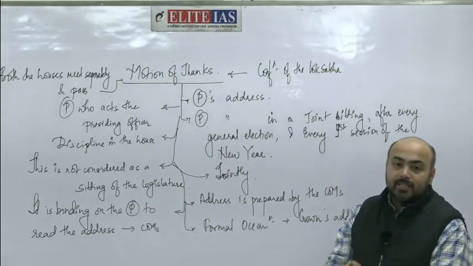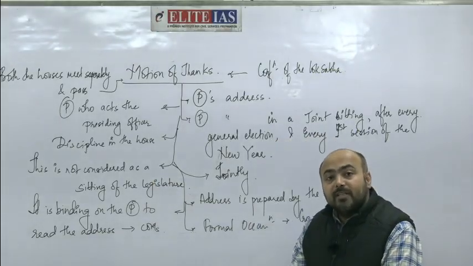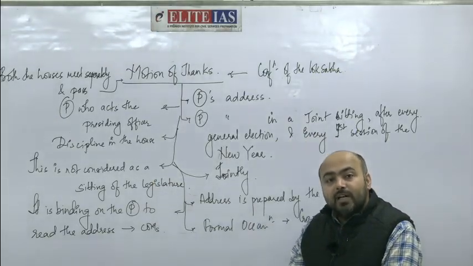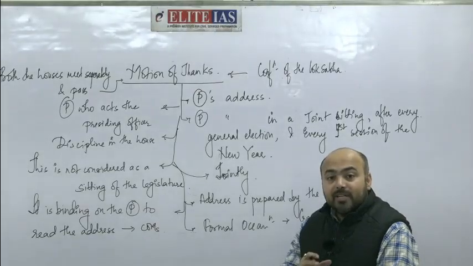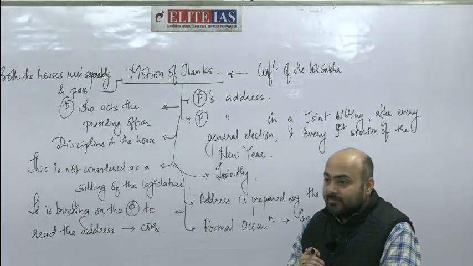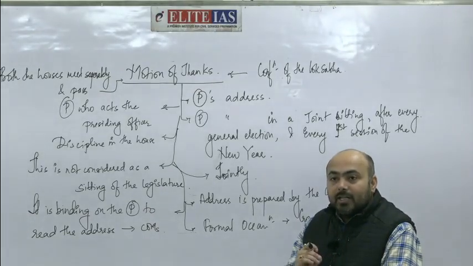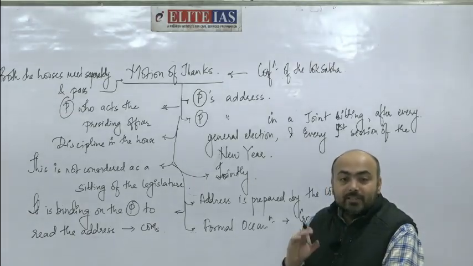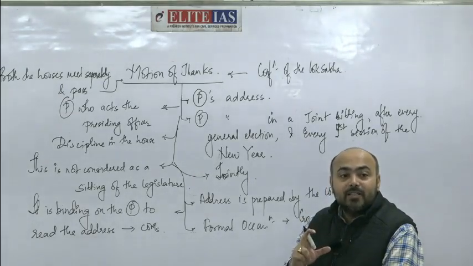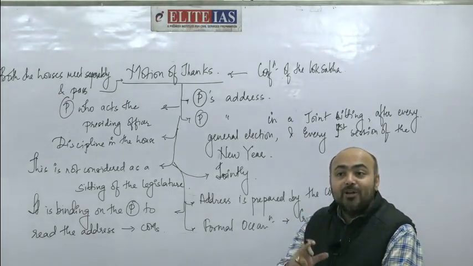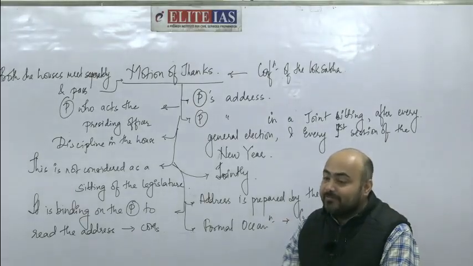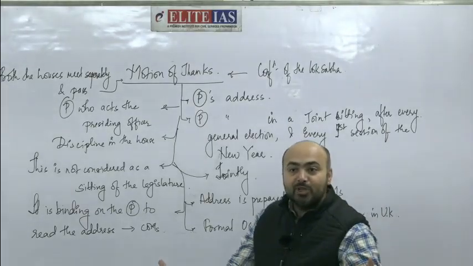It is considered that the Council of Ministers do not enjoy the confidence of the Lok Sabha, which means every year the parliamentary session starts with the Council of Ministers proving their majority in the Lok Sabha, because they have to pass the motion of thanks.